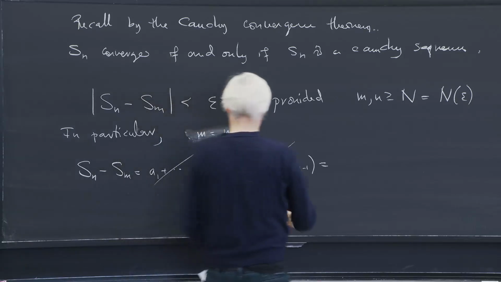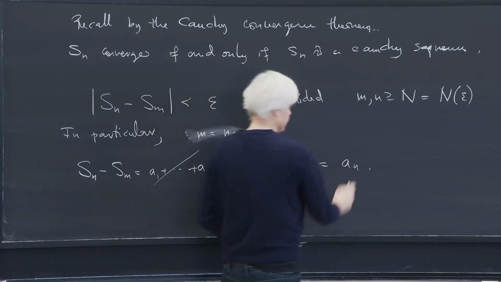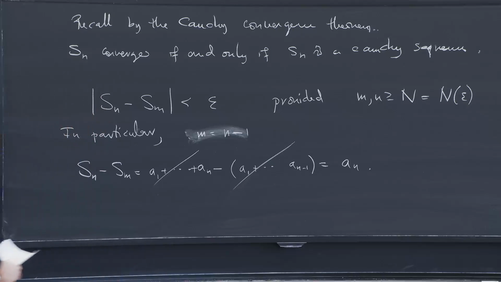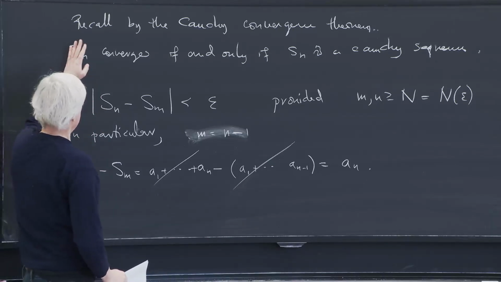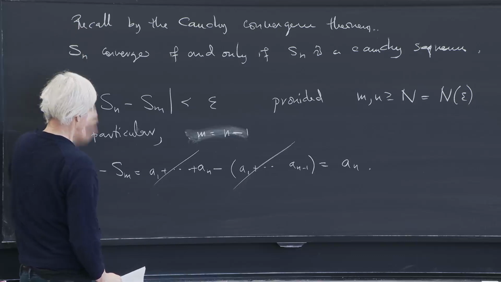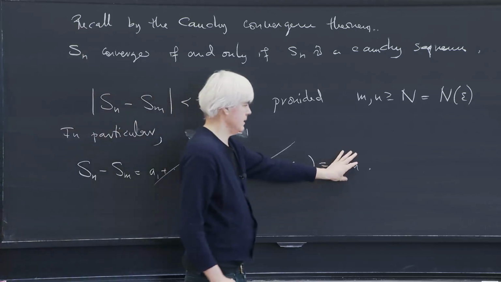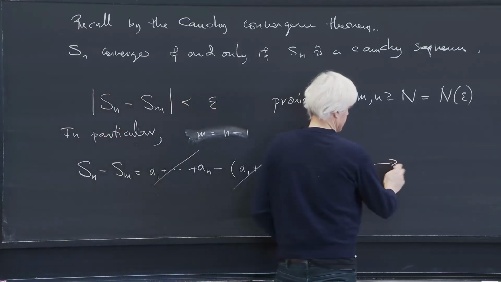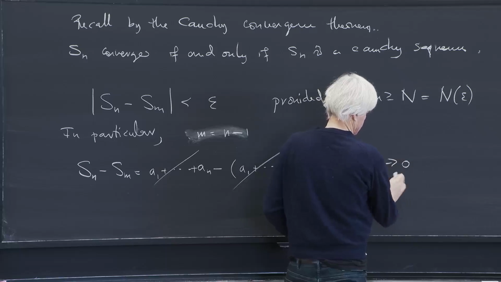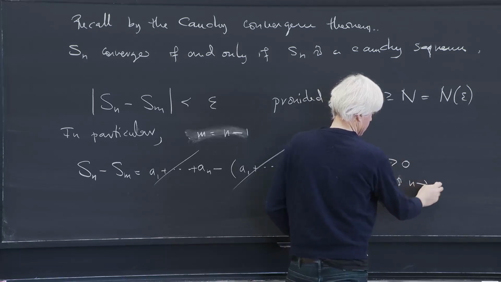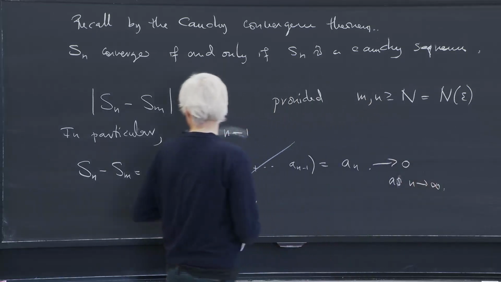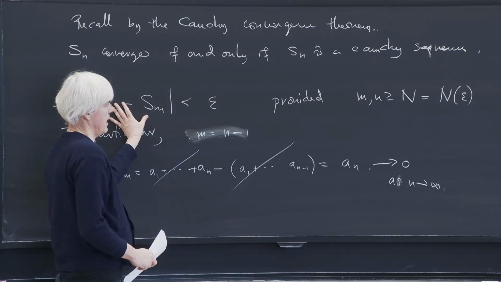All of these cancel out, and you're just left with a_n. So this means that if the series converges, then a_n has to go to 0 as n goes to infinity, because this whole difference has to be as small as you want as long as m and n are sufficiently large.